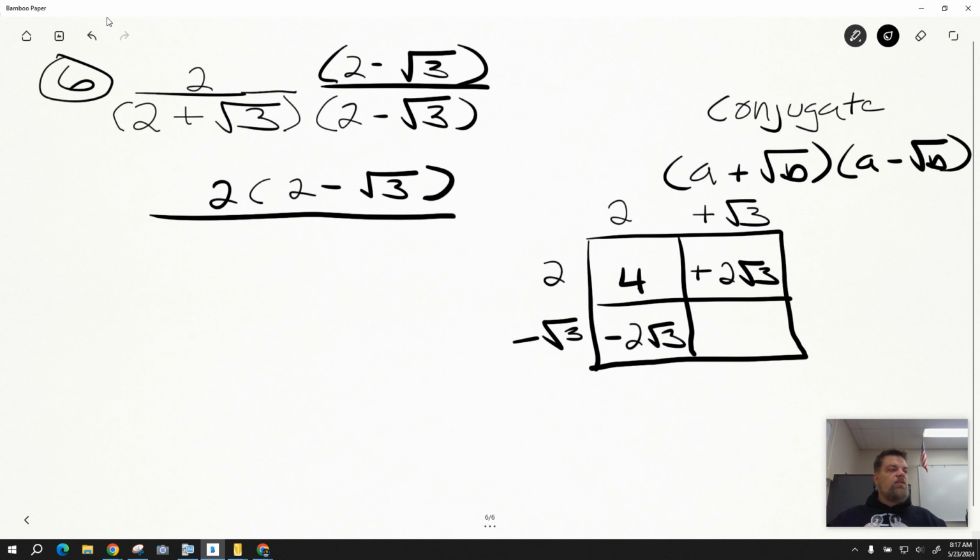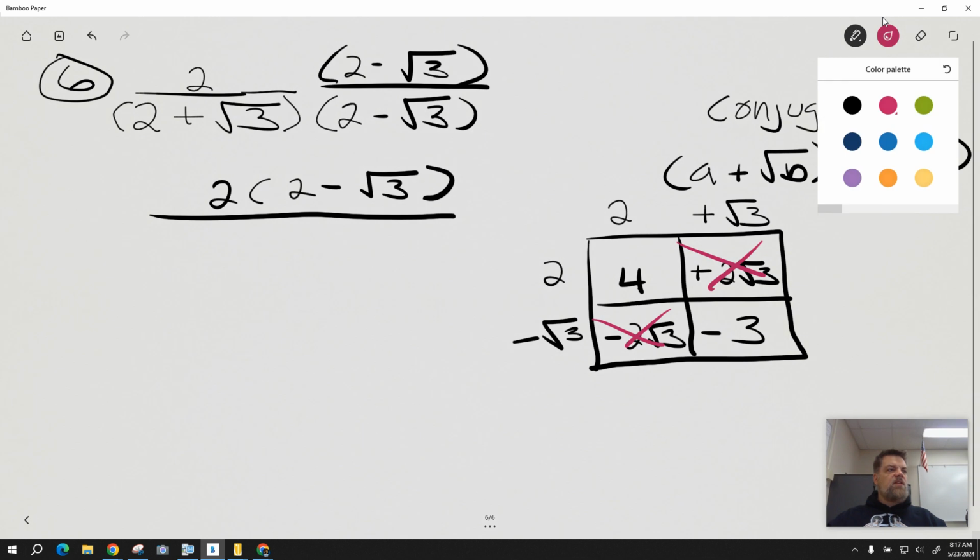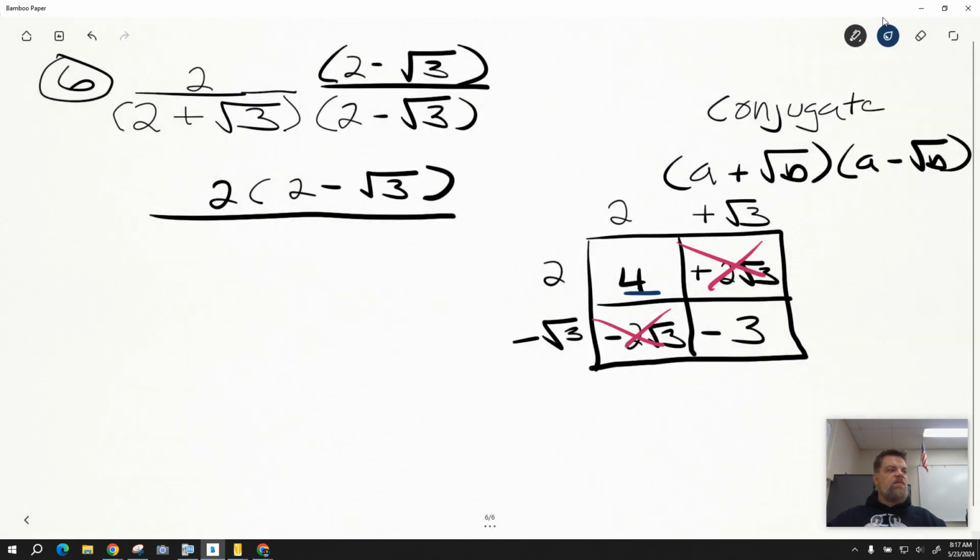And then negative root 3 times positive root 3 is just negative 3. So when we multiply by the conjugate, these middle terms cancel, and then we just add up the remaining two terms. In other words, 4 minus 3. So this whole thing changes to 1.